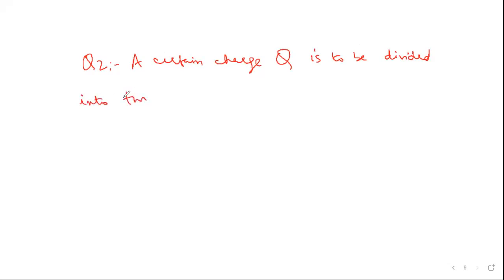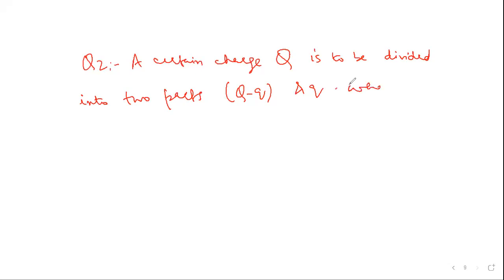A certain charge Q is to be divided into two parts, Q minus q and small q.